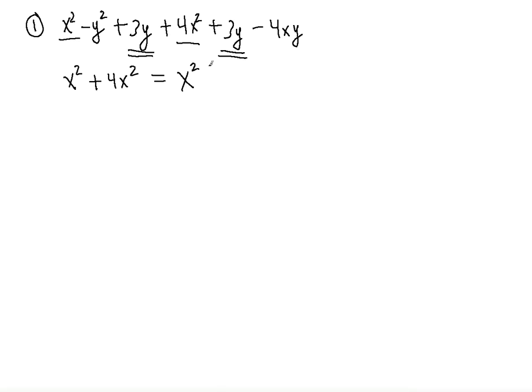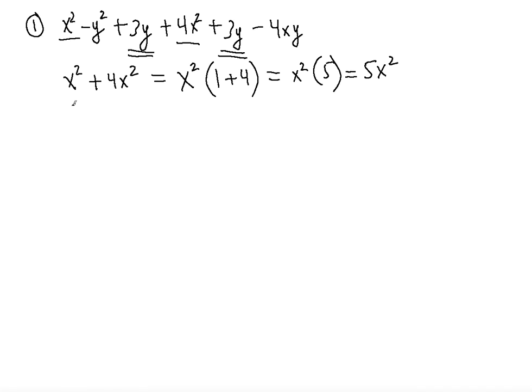So we're going to take this factor out and we're going to have 1 plus 4, because if you work distributively, you will apply the x squared to both 1 and 4, so you will get x squared plus 4x squared. And then you simply do 5 x squared, because 1 plus 4 is 5. You simply rewrite the 5 to the left of the x squared in the product to arrive at 5x squared.